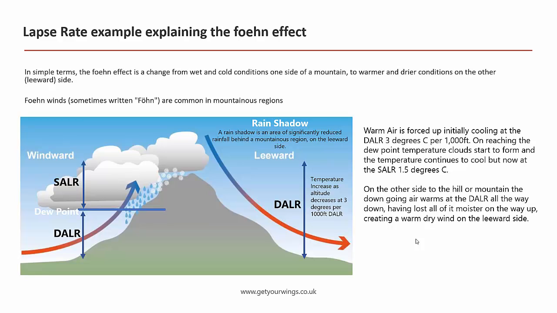It then continues to cool at the saturated adiabatic lapse rate, creating clouds, possibly rain and other weather phenomena. And then as it goes over the top of the mountain, the descending air warms all the way down at the dry adiabatic lapse rate, creating a temperature difference between the windward and leeward side, and the leeward side being a warmer, drier environment.